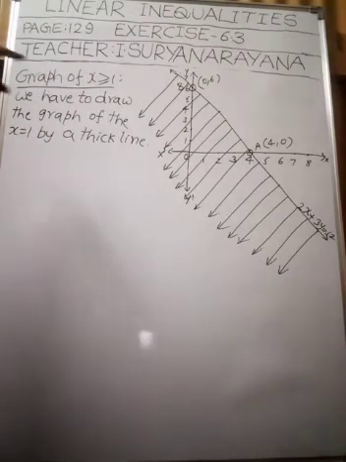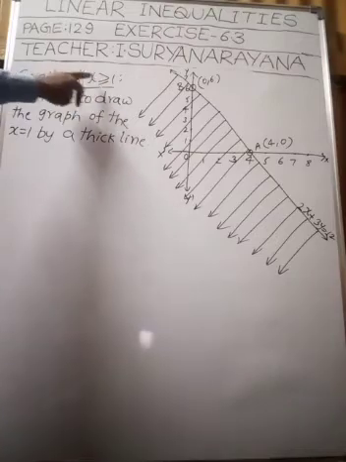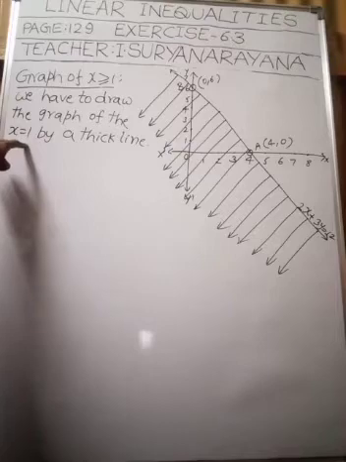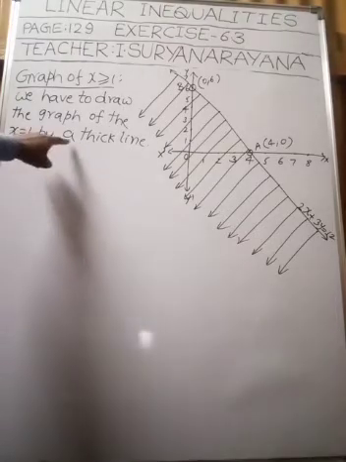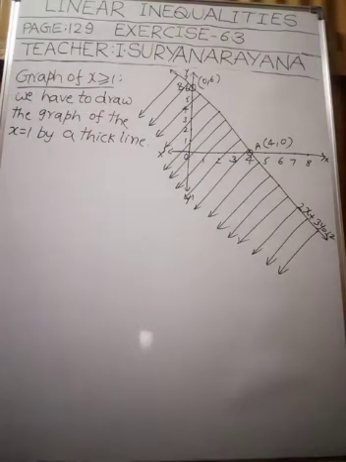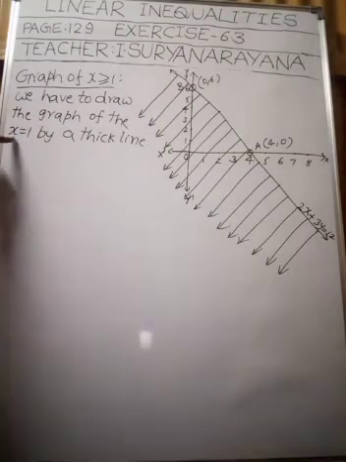We follow the same steps here. In the place of inequality sign, we keep is equal to sign, we get the equation x is equal to 1. Understood this point, my children? Then by a thick line, because greater than or equal to sign is there, we have to draw the graph of this line.